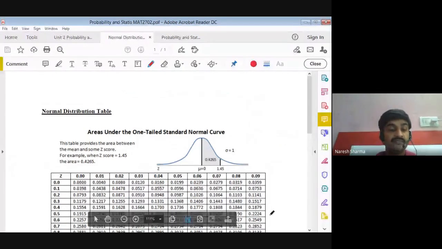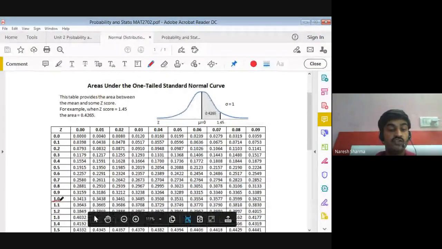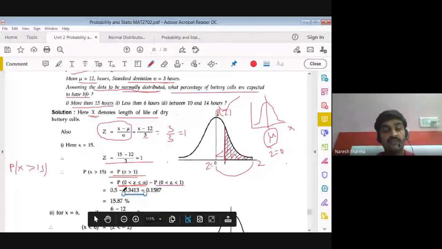For 0 to 1, the value is 0.3413. So we put 0.3413 and subtract, which gives 0.1587.